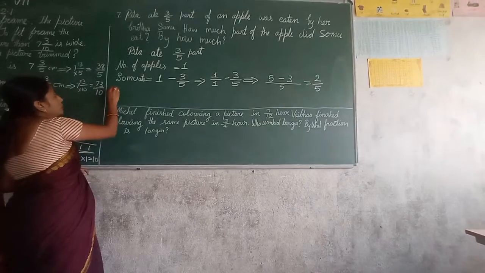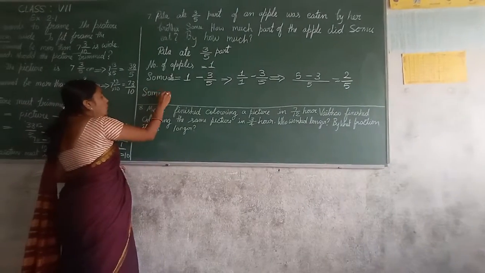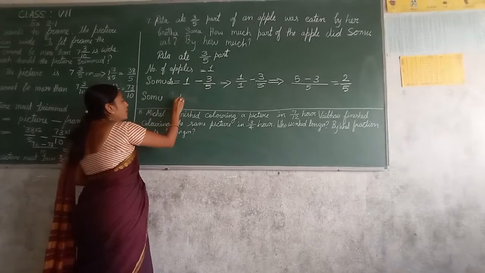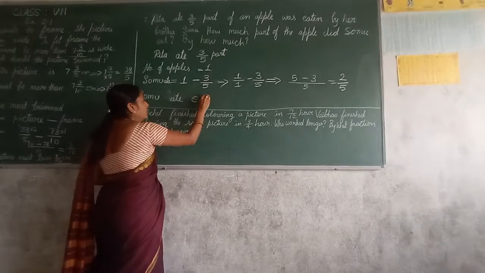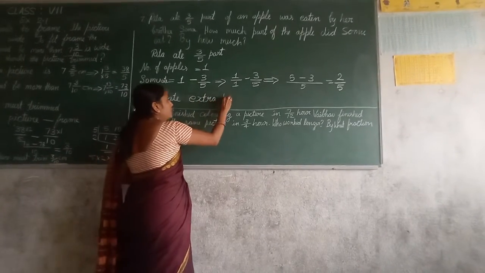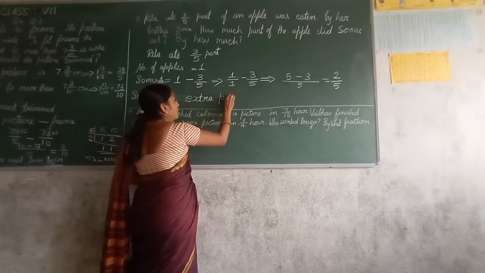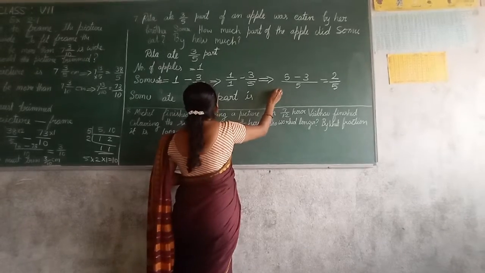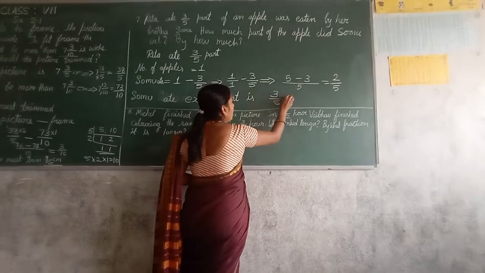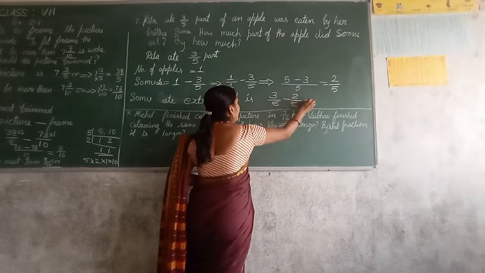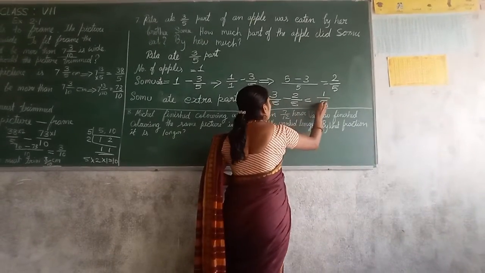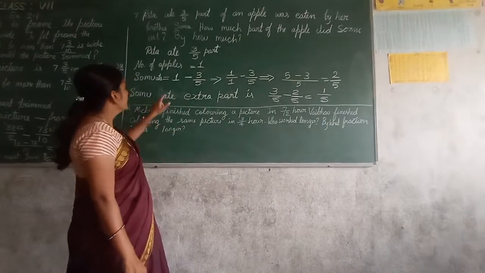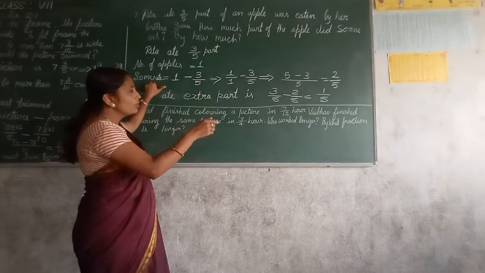If we subtract 3/5 by Rita minus 2/5, then the left out is 1/5. This is the extra part.